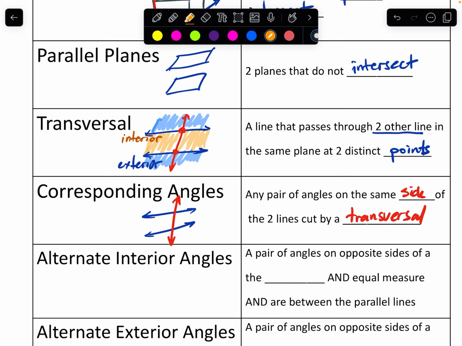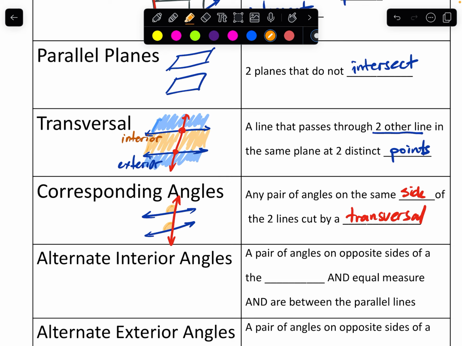So what are we talking about? Let's say I pick this angle right here, it's in the top left, and I shift my focus to the bottom line, and it'll also be on the top left.